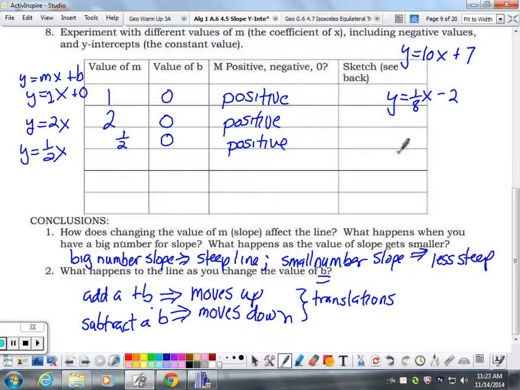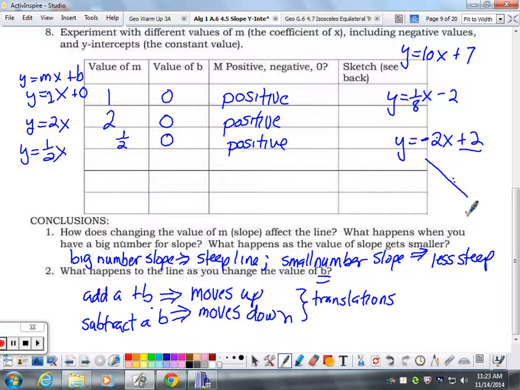What if you make it negative? What if I have this kind of equation here? It'll be a negative slope and goes down. This says move it up 2. And it's a little bit steeper than the normal y equals x, right?